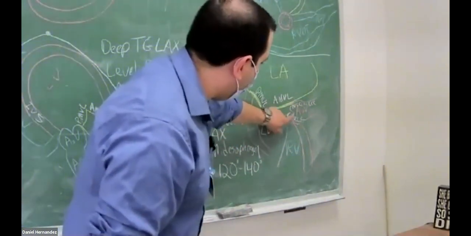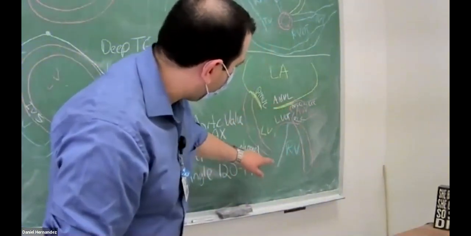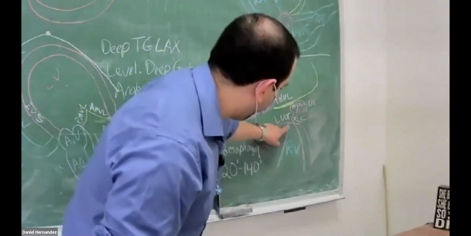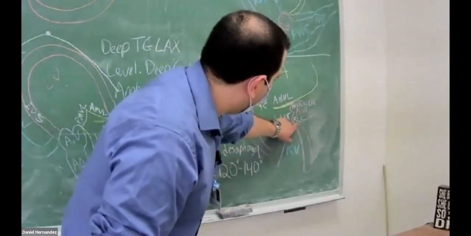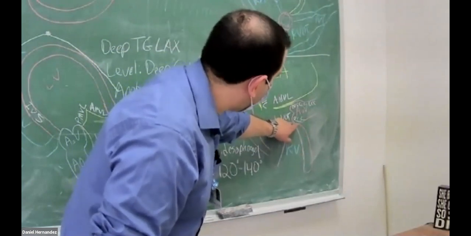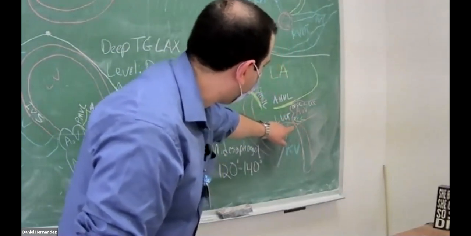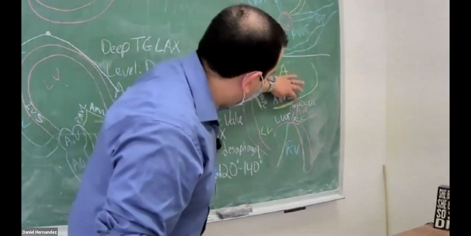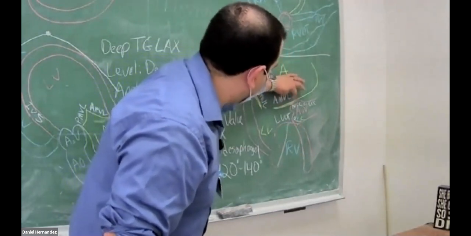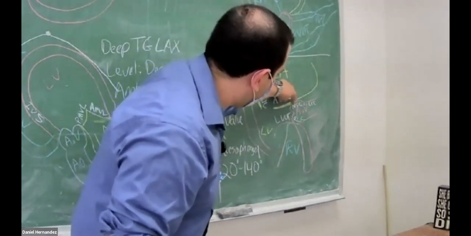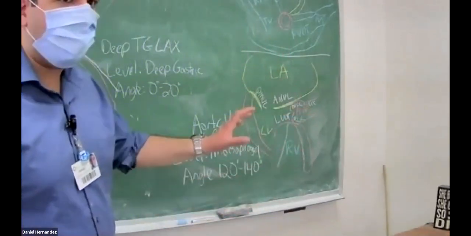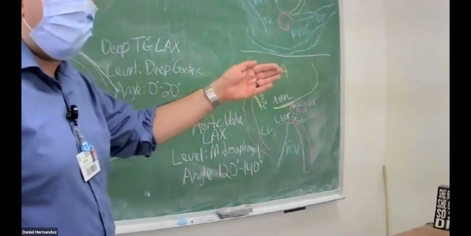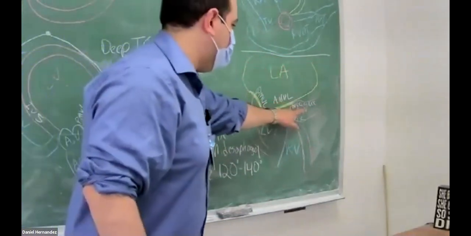In terms of our aortic valve cusps in this view, we also visualize the right ventricle in the image. The more inferior cusp is going to be our right coronary cusp. The one close to the mitral valve, the more anterior cusp, can be either the non-coronary cusp or the left coronary cusp. We're able to angle the probe slightly and visualize either one of them.